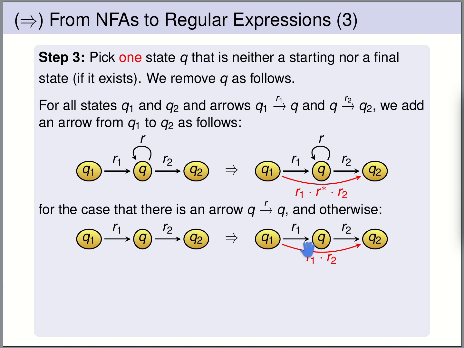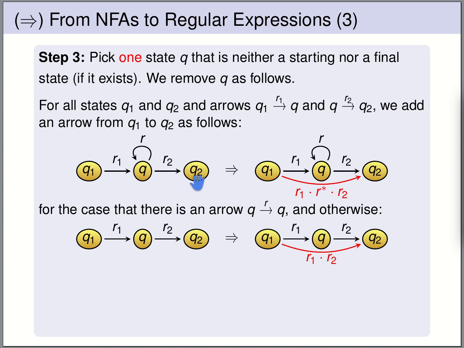Now we have to add these additional transitions for every combination of an incoming and an outgoing arrow from Q. So that means if Q has n incoming arrows and m outgoing arrows, then we have to do this n multiplied by m times. So let's take an example. Let's say we have 5 incoming arrows and we have 10 outgoing arrows.